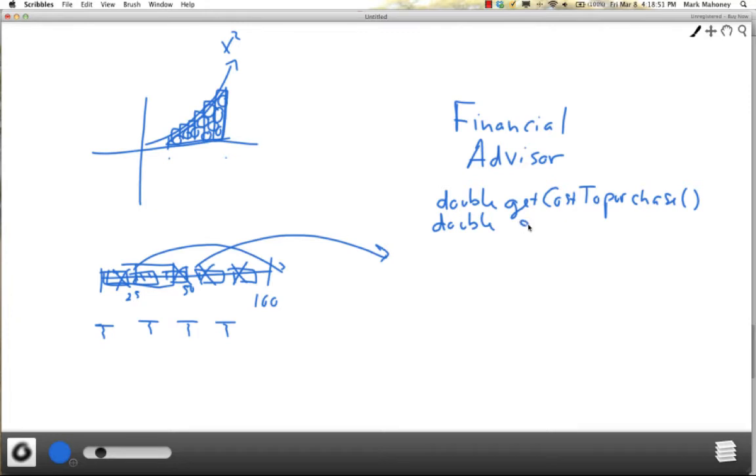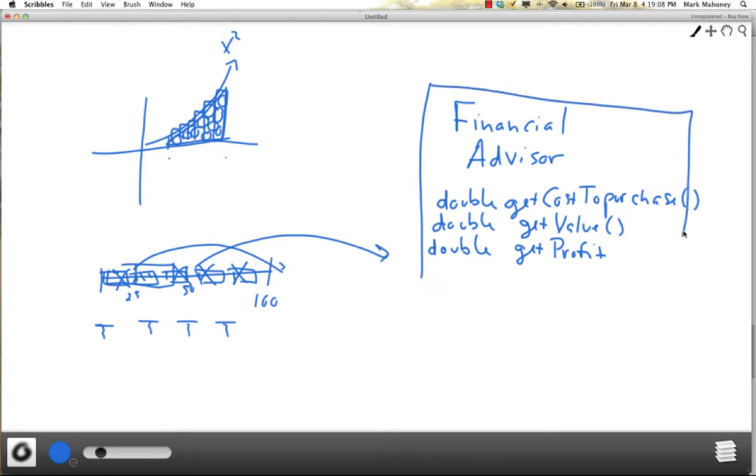We might have a get value, which returns a double, and a get profit. Okay, so this is our class. It's called Financial Advisor. It has these methods.